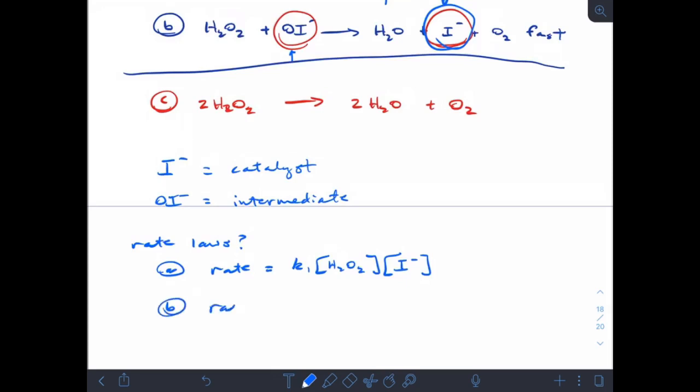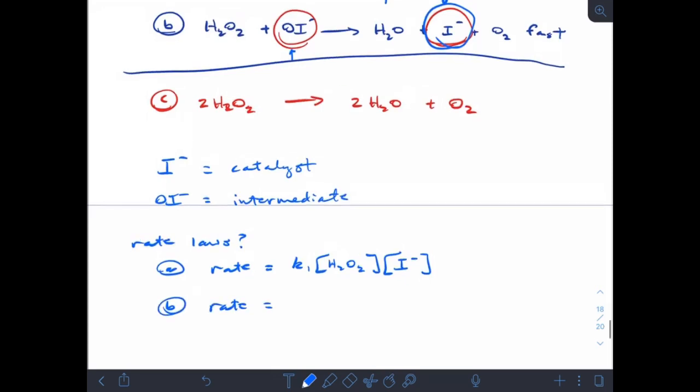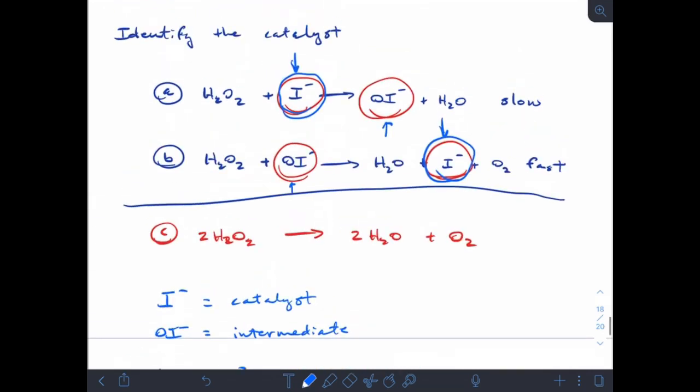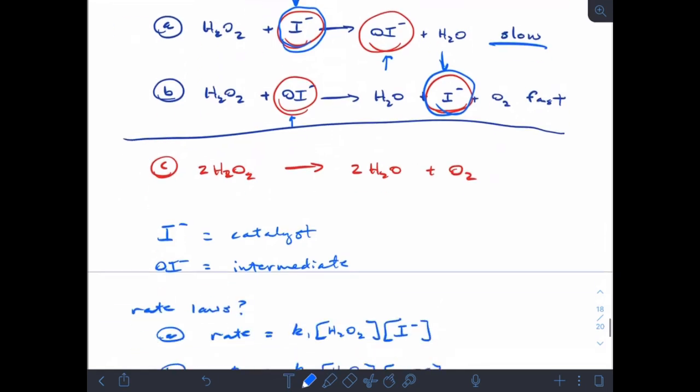Reaction B, okay, and then overall, the rate law is the slow step rate law. And our slow step was reaction A, right?